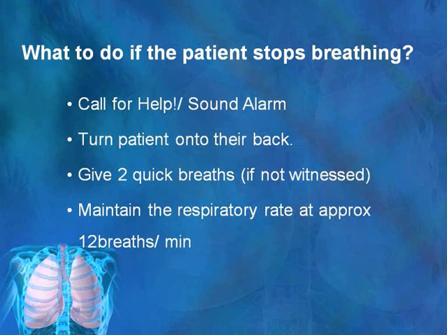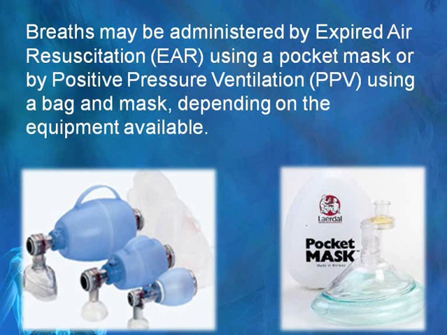If your patient stops breathing, call for help. Turn the patient onto their back. Give 2 quick breaths if it was not witnessed, otherwise maintain their respiratory rate at approximately 12 breaths per minute.